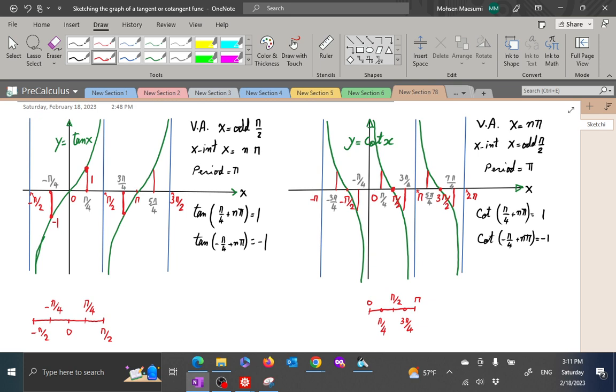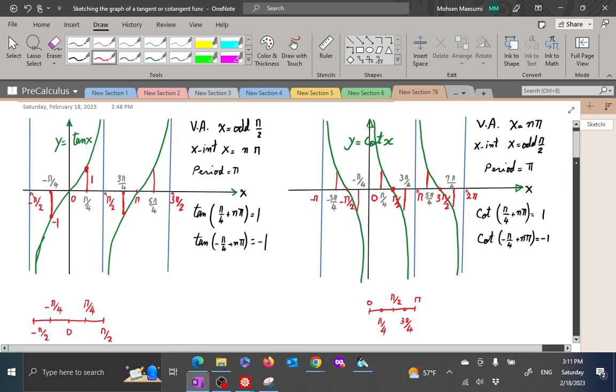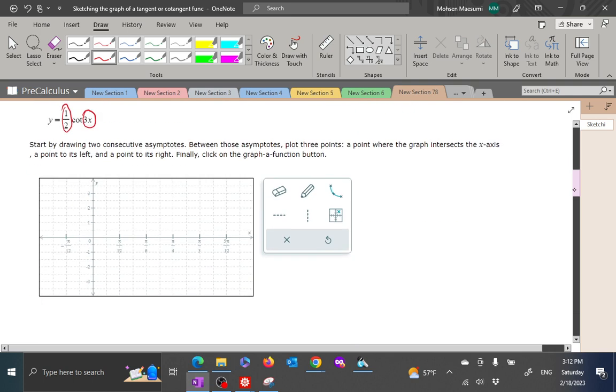Of course we could have looked at any other block and done the same thing, but these are kind of standard blocks for us to check. So the 5 points that we are tracking are these, unlike what we did for sine and cosine. Since the period is just pi, we have to do everything within a pi period.